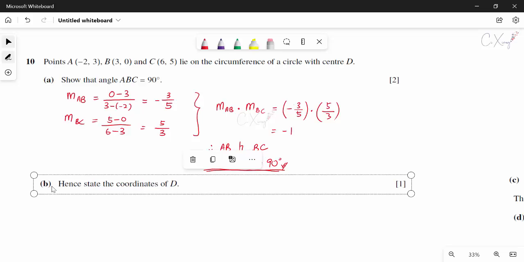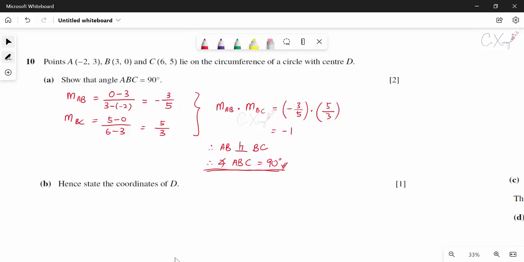For part B, they want us to state the coordinates of D. After we know that the angle ABC is 90 degrees, maybe we can draw it like this. Let's say this is A, this is B, and this is C. Since we already know that angle ABC is 90 degrees, automatically you should know that AC is the diameter.